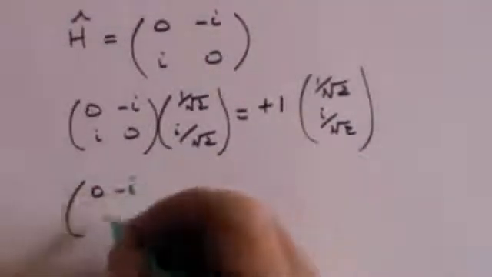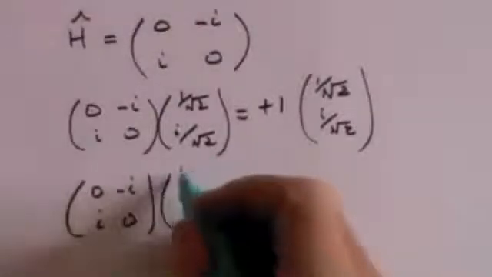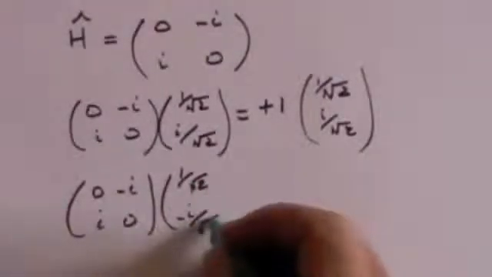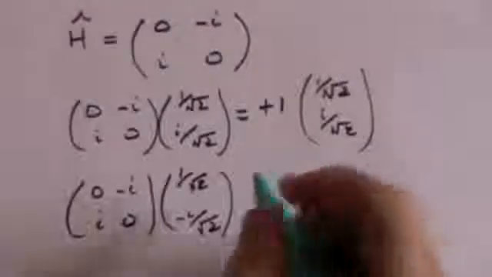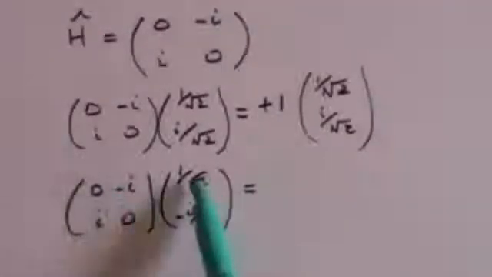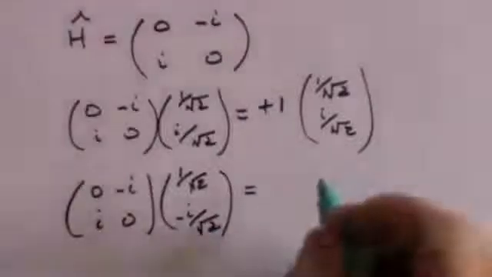And if we do it on the other one, the same matrix times the anti-clockwise polarized light, that's 1 over root 2, minus i over root 2. We're going to get now 0 times 1 over root 2 plus these two, which is going to be plus i squared, which is minus 1 over root 2.